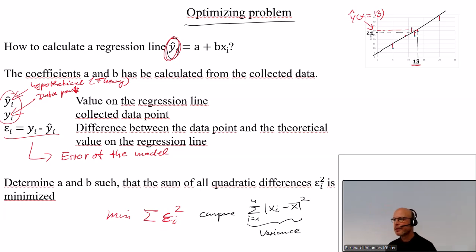So this was your so-called second moment of your data set. The first moment is the average, the arithmetic mean. The second moment is then the squared summed difference with respect to the average.